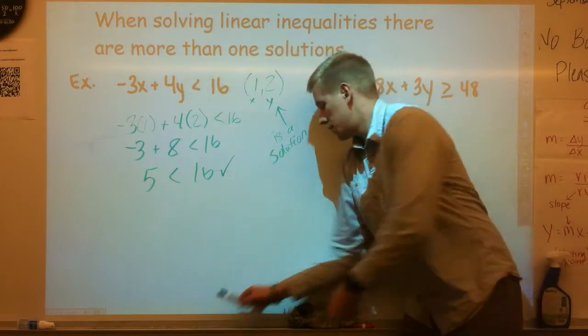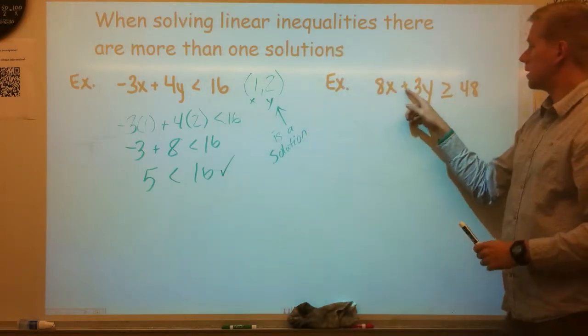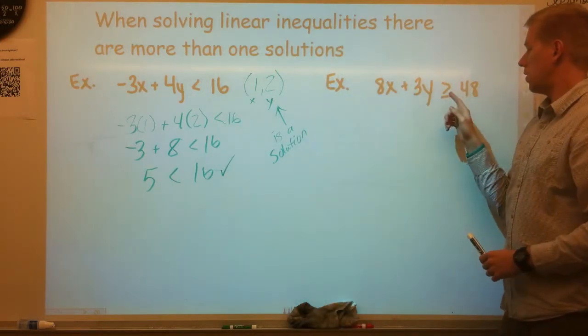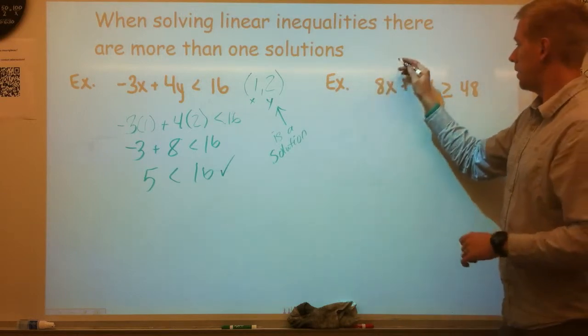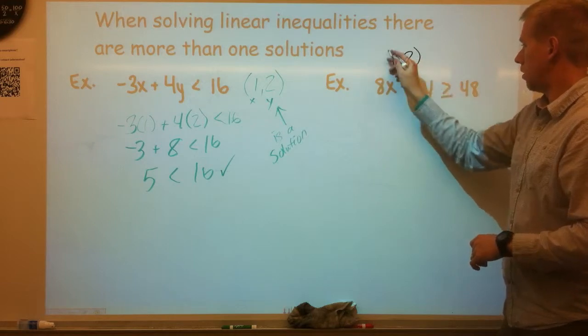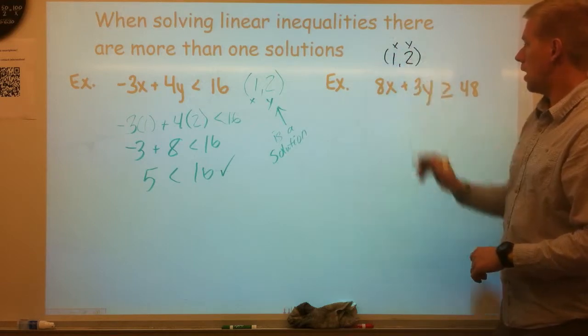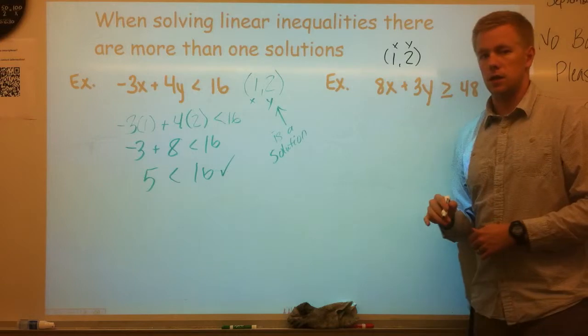So if we look at 8x plus 3y greater than or equal to 48, let's say I have the same ordered pair. Let's use 1, 2. This is x and y. We're going to plug it in to see if it satisfies the inequality.